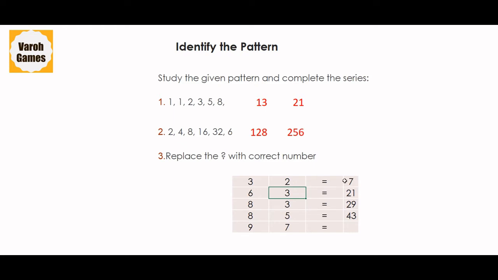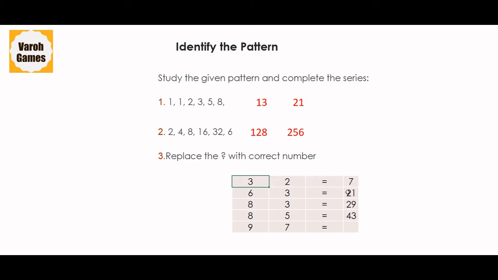In the next one also 6 plus 3 is 9, 6 minus 3 is 3, which is not equal to our answers here. Now if you look at these numbers 3 and 2 and the answer is 7, by doing what, addition, subtraction, multiplication or division, do we come closest to 7? Yes, you are right. By multiplying these two numbers, 3 into 2 is 6.